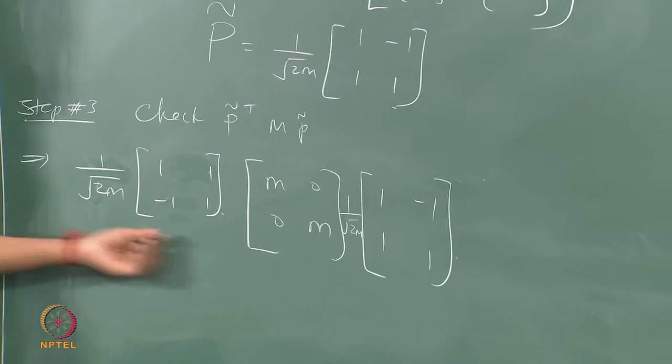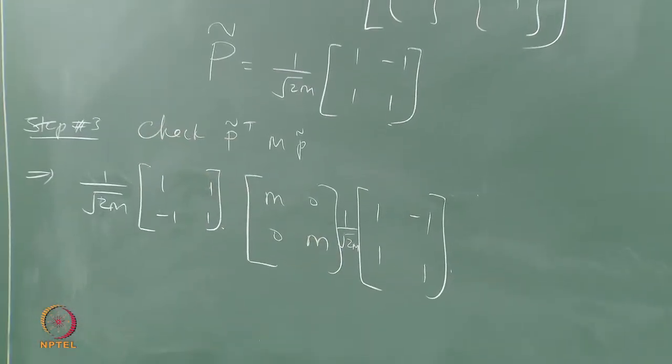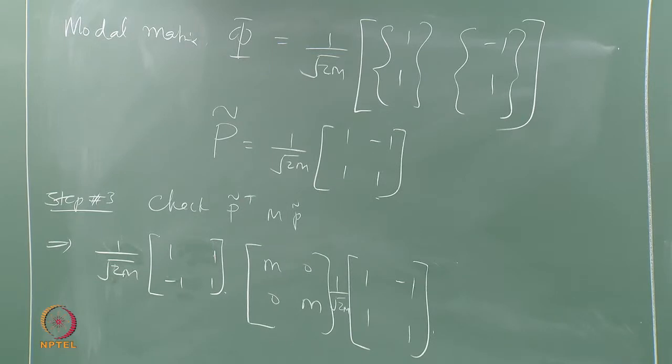Compatibility is perfect because 2 by 2, 2 by 2 and 2 by 2 give an answer as a 2 by 2. Let us see what 2 by 2 I get.